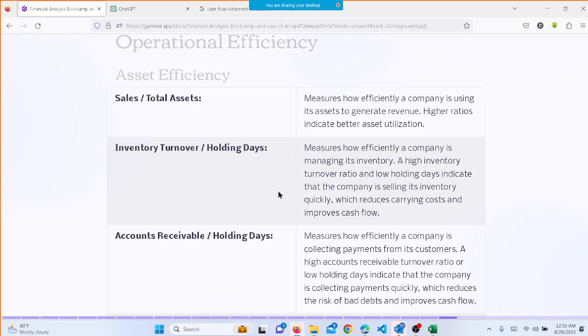Here, the number may be lower or higher, but it's not a clear formula that if the number is lower it is better. Yes, it's better for the company to collect the cash faster, but it may also create an obstacle for the company to compete against the competitors. If let's say the company is giving only a 5-10 day credit or a 15-day credit, while the other competitors are giving 1 month credit or 2 months credit, then it will always put the company at a disadvantage in a market condition where cash is scarce.